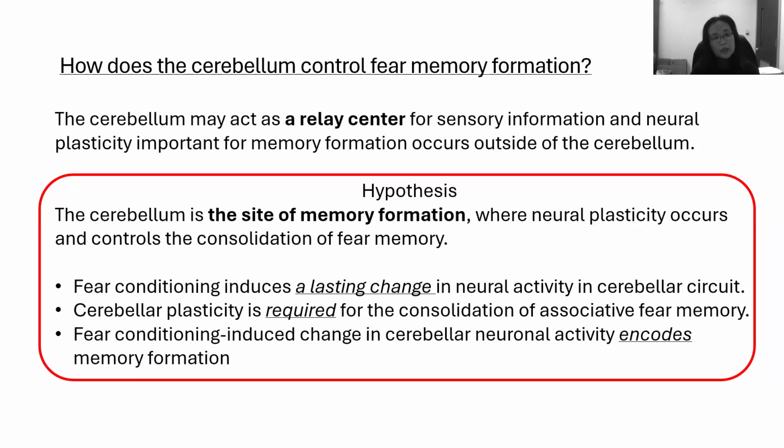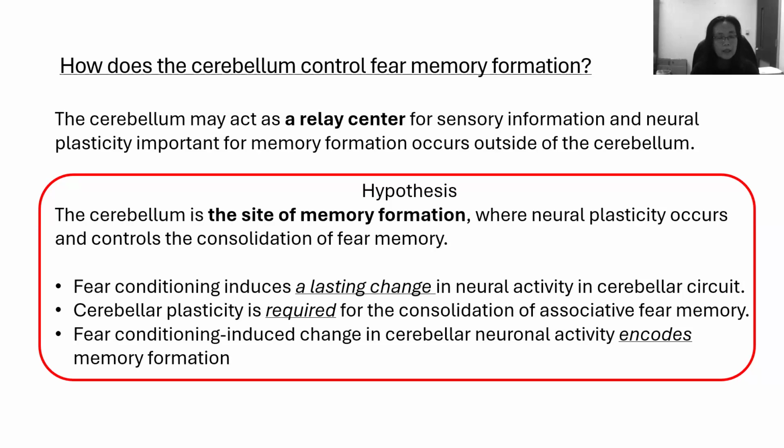But here we are trying to look at whether the cerebellum itself is the site of memory formation. To do that, first, fear conditioning needs to induce a lasting change in neural activity within the cerebellar circuit.